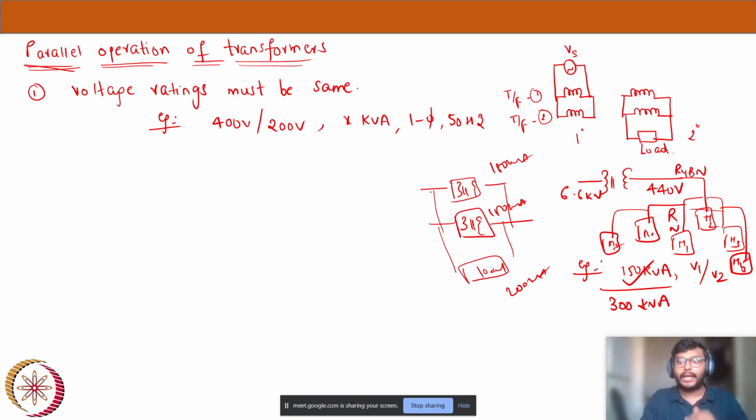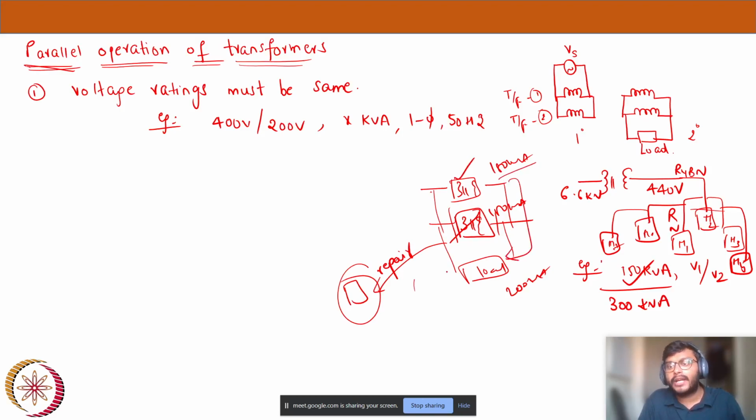Now let's say one of my transformers went faulty, it got damaged and I need to repair it. Now what can I do? I can disconnect this transformer and take it to repair, and meanwhile while it gets repaired, this 150 kVA transformer can supply the 200 kVA load.